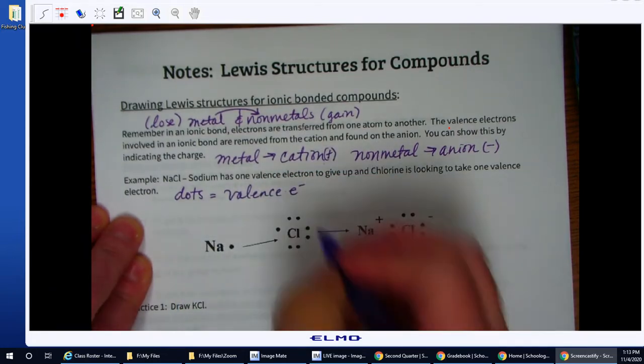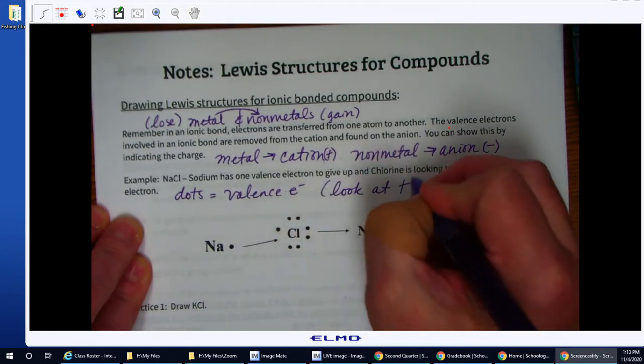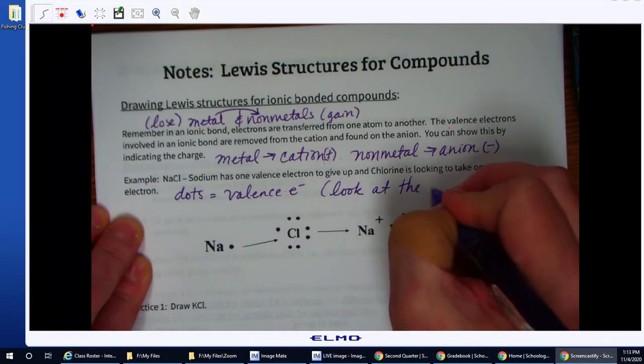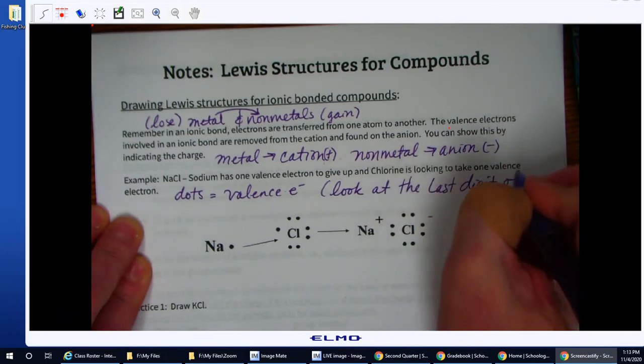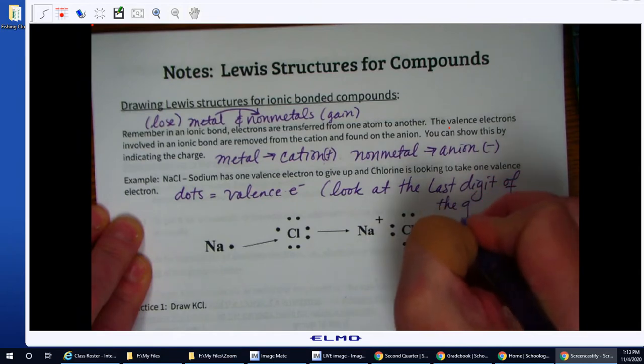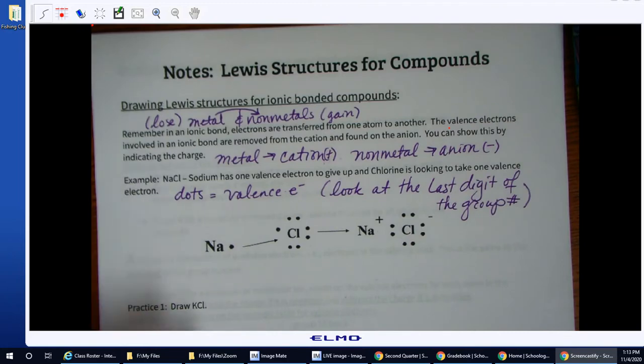So how do we find that? Look at the group. And it's specifically the last digit of the group number. So you're going to look at the group number to determine how many valence electrons there are.